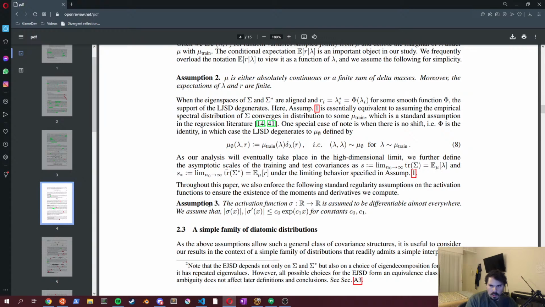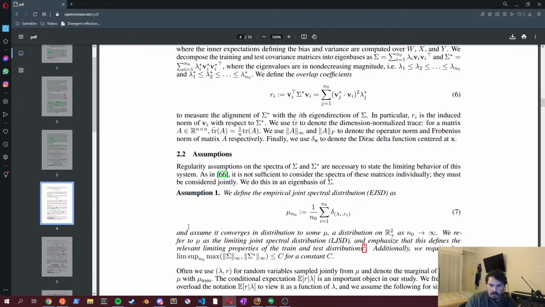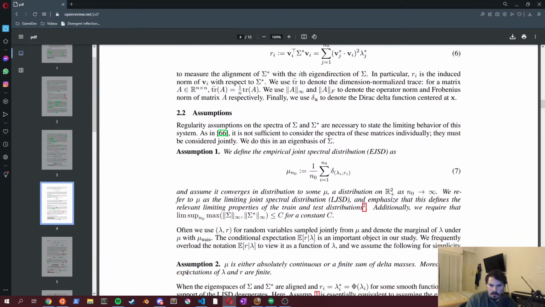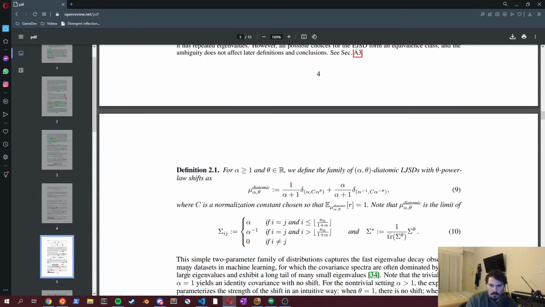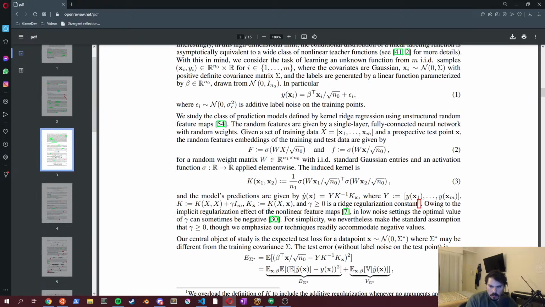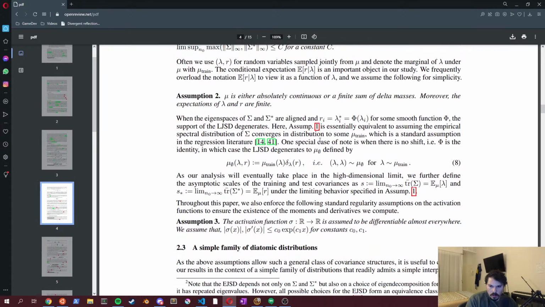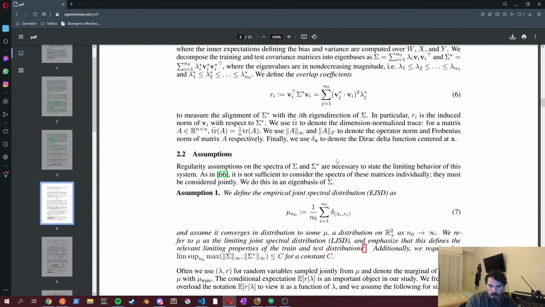Yeah, I don't know if alpha has some standard definition in this field that I'm not aware of. 1 over n0, delta.